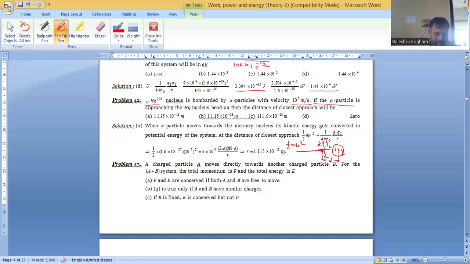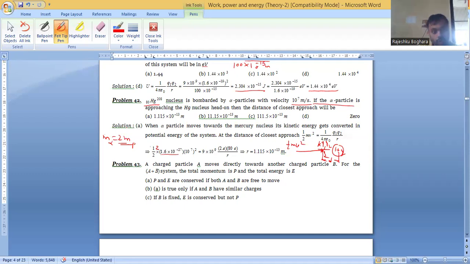10 raised to 7 square, but this is the mass of the proton. So the mass of the alpha particle is 2m.